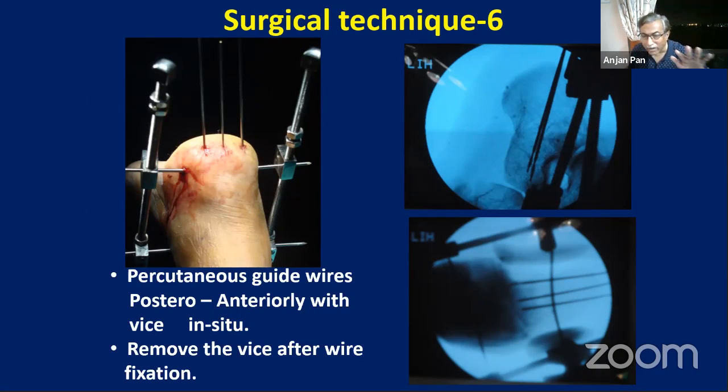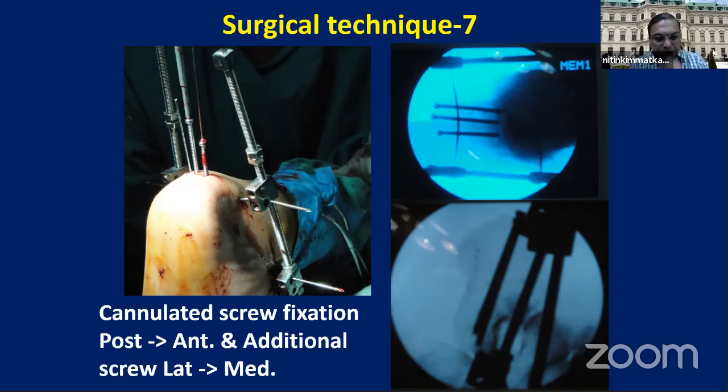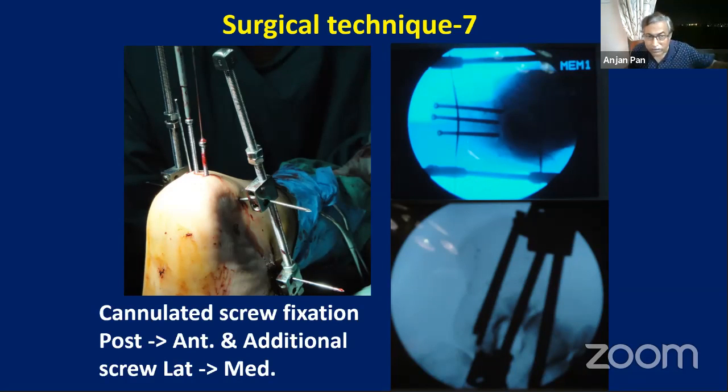And cannulated screw fixation through these guide wires, that is 1.6 millimeter guide wire. So these 3.5 millimeter screws are put, and the additional screw is in the sustentaculum tali from lateral to medial.